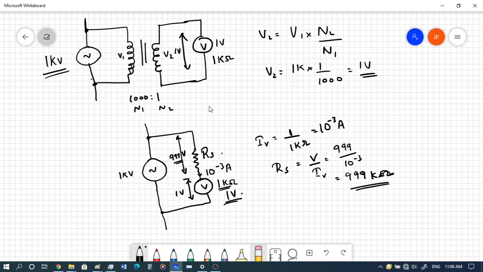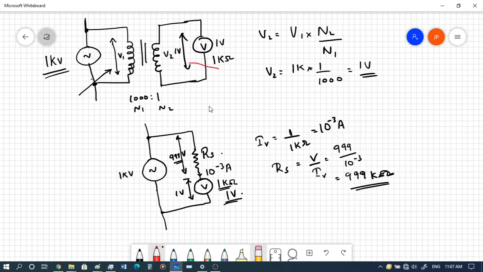So if you want to find the power consumption in the potential transformer, we'll find the power that is consumed in the primary coil of this transformer, or let's look at the power that is consumed in the secondary coil.